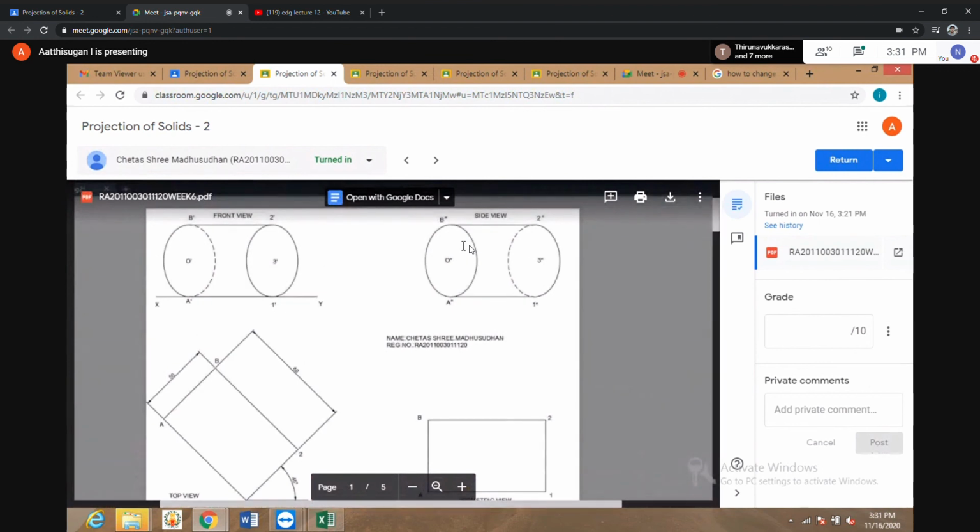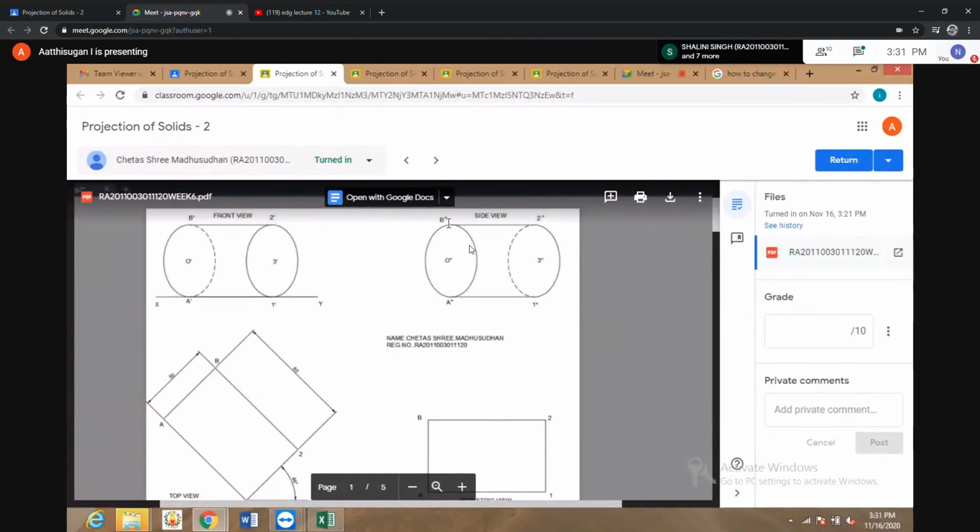Here you give the label, but where is that B dash point? Which point? You did B dash, no, B double dash. Where is it? We are not able to see it. But we can draw it.